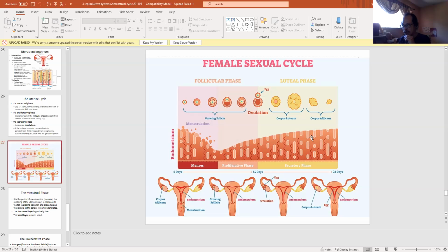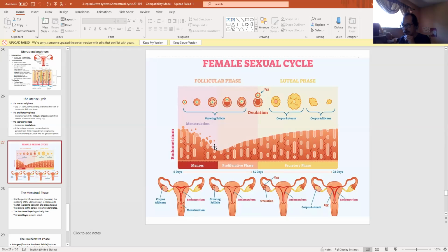While they regrow, they will be waiting for the fertilized egg. If there's no fertilized egg, this menstruation happens. So this cycles over and over every 28 days, until there's pregnancy.